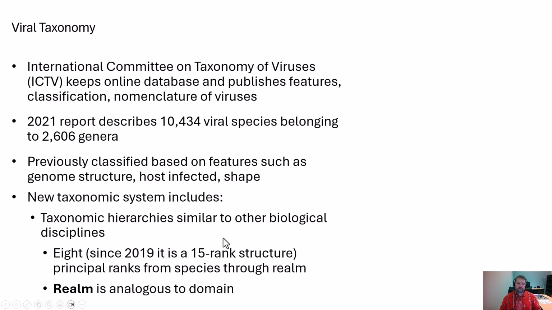Previously, they were classified based on the host that they infect, the shape. Some of those classifications can still be useful, but I think we're starting to move away from that, and we're moving into describing them based on their genome, or the genomic structure, I guess you could say. Prior to 2019, there were 8 principal ranks for viral taxonomy, and now there are 15 ranks.